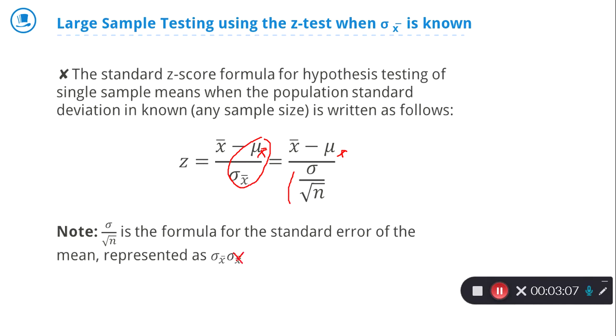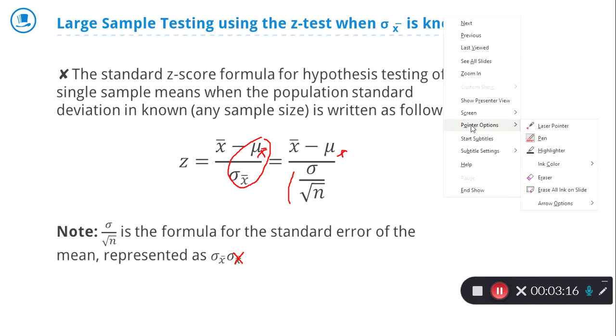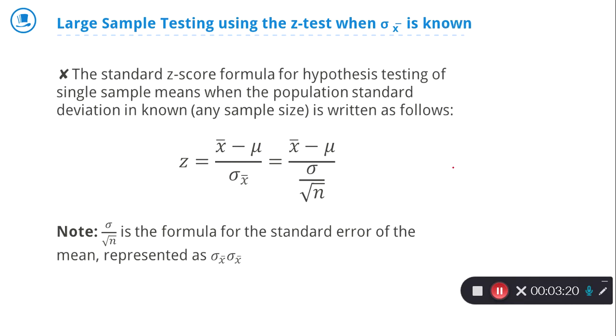They got an extra symbol down there. So there's the formula for the z. It is what we have been using all along. That should look very familiar. So essentially, all we're doing in a z-test is finding the z-score that corresponds to the sample mean.